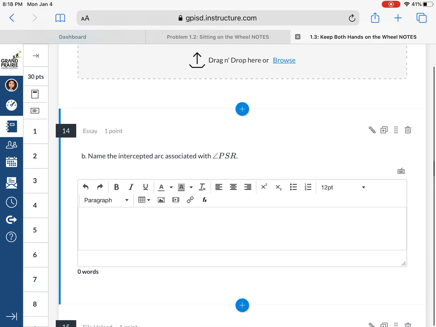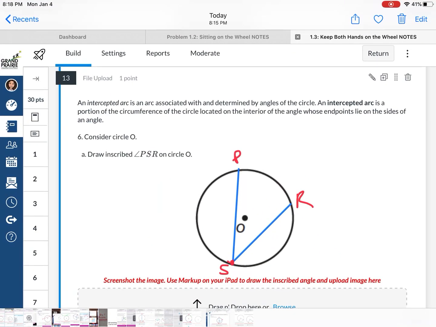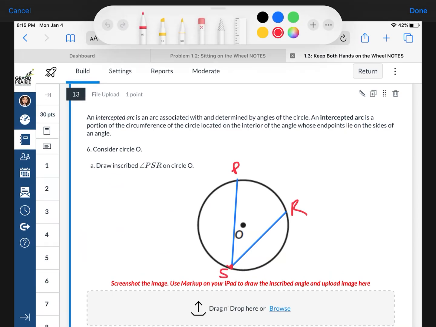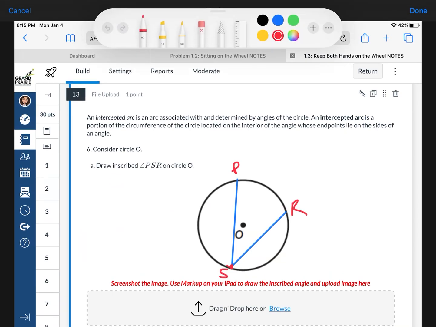So now let's talk about the intercepted arc associated with this angle. An interception in football is when the opposing team gets the ball, or takes away the ball from the other team. So let's think of interception like taking away.